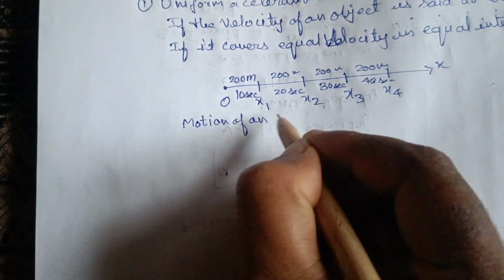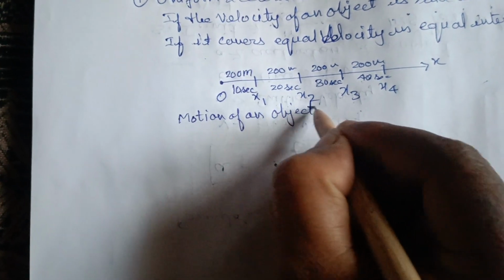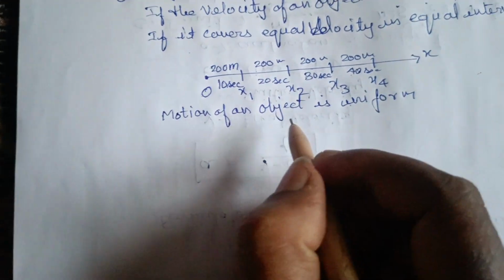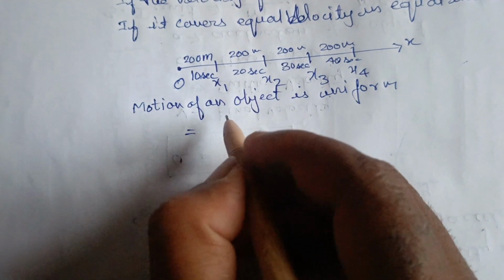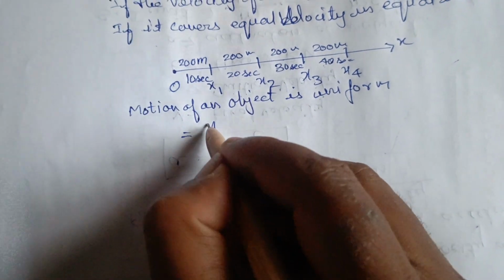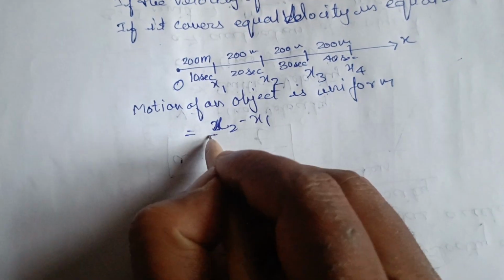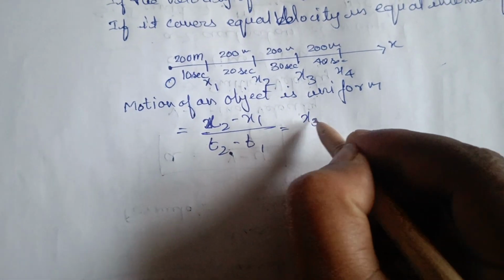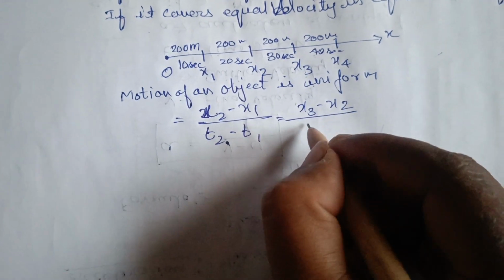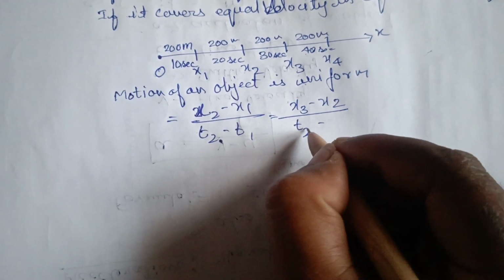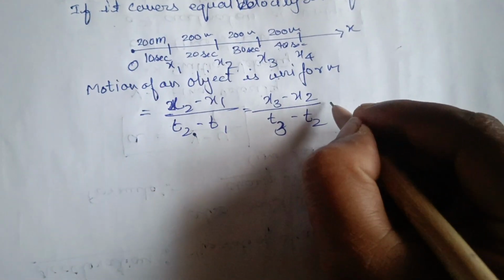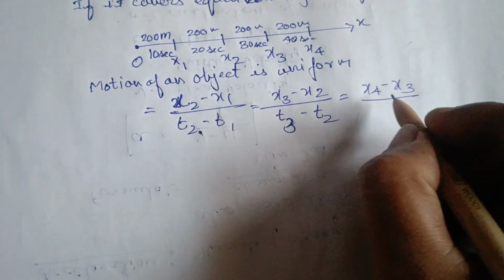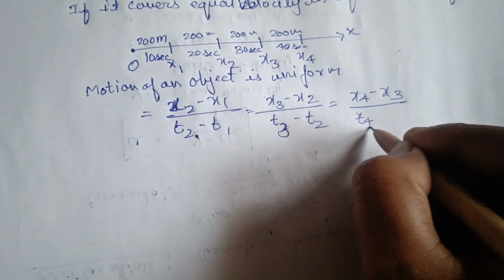The motion of an object is uniform, which can be represented as x2 minus x1 by t2 minus t1. We can also write x3 minus x2 divided by t3 minus t2, and x4 minus x3 divided by t4 minus t3.